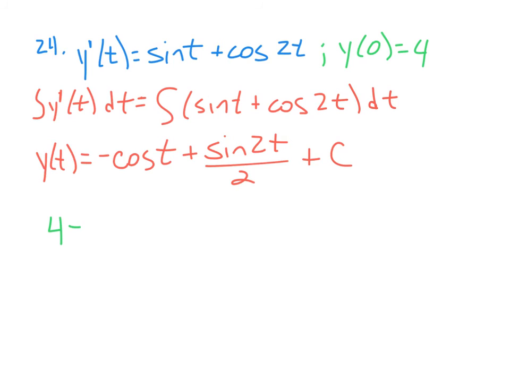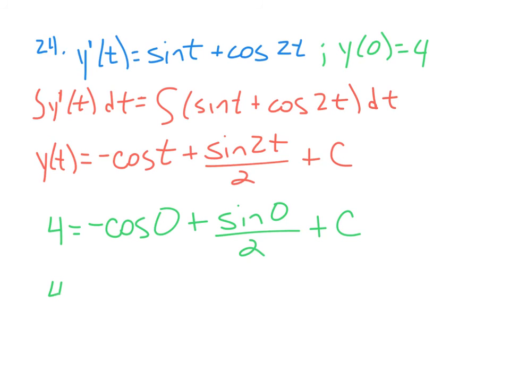So now we have 4 equals negative cosine of 0 plus sine of 2 times 0, which is 0, over 2 plus c. The cosine of 0 is 1, so since it's a negative cosine of 0, we have negative 1 there. Plus sine of 0 is 0, plus c, and so then we're saying that c is equal to 5.